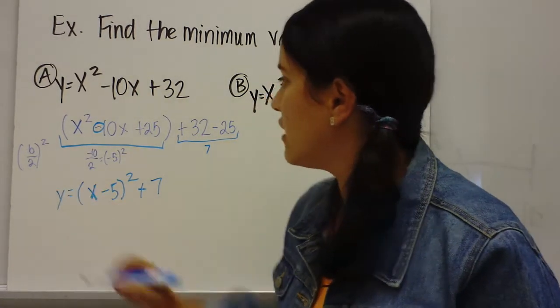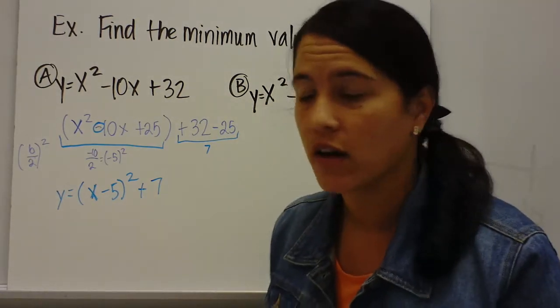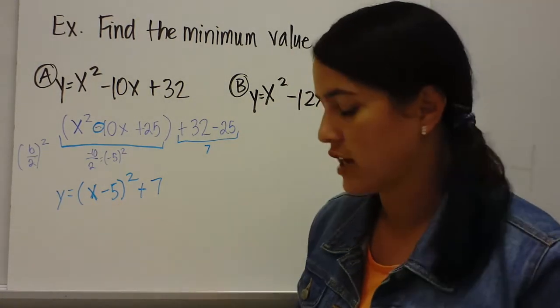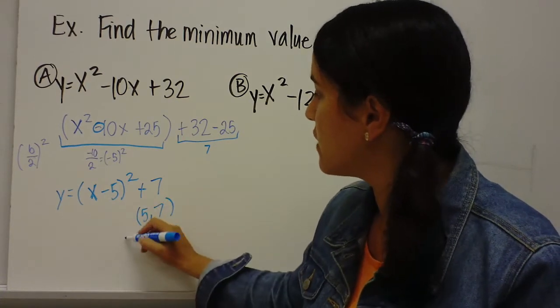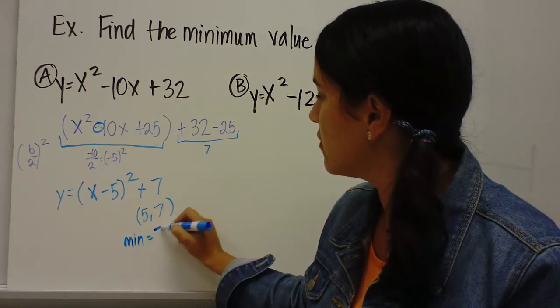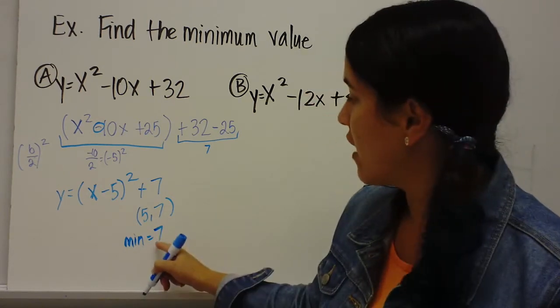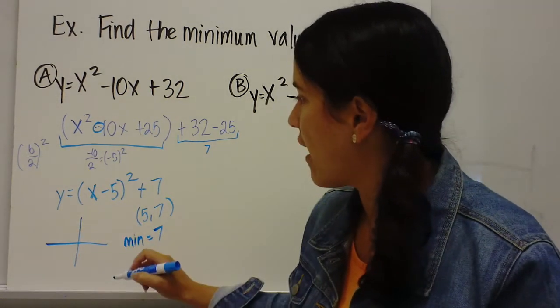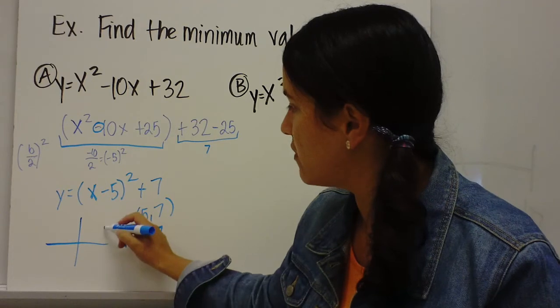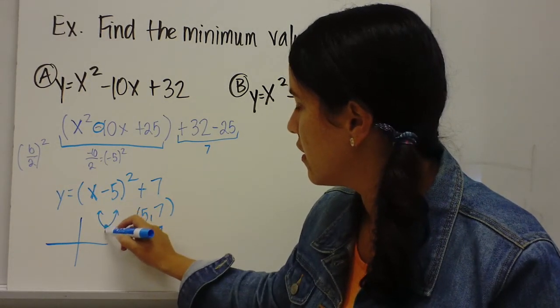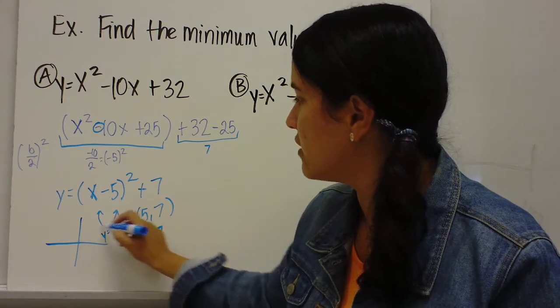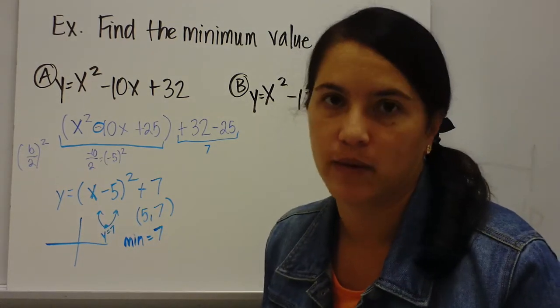And now I have it in vertex form. So my vertex is going to be 5, 7, which means my minimum is 7. Because if this were a graph, it would be at 5, 7, it'd be over here, and it'd be up. So where y equals 7, that would be your minimum.